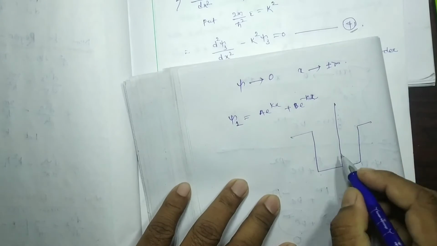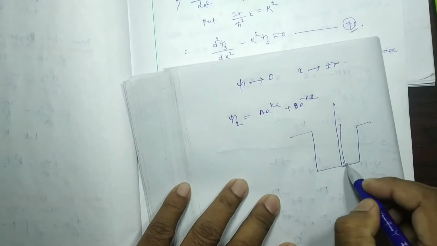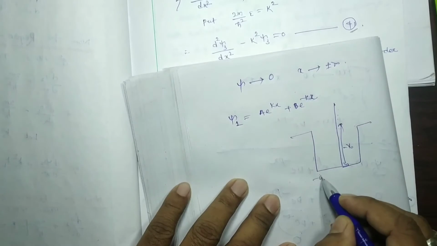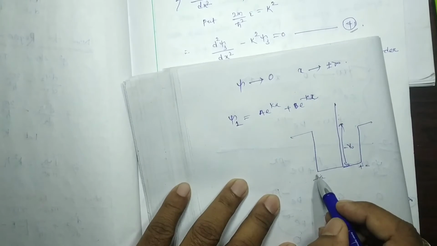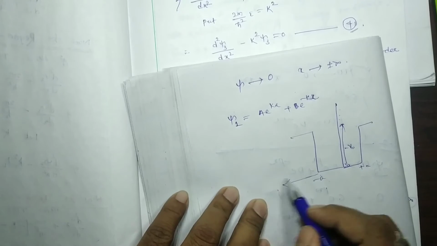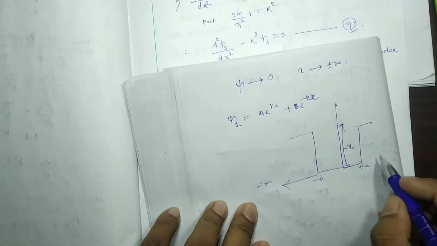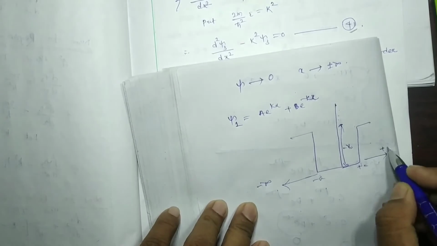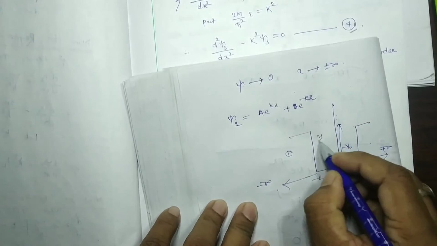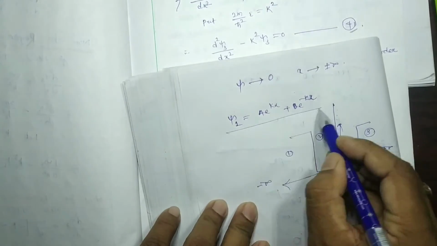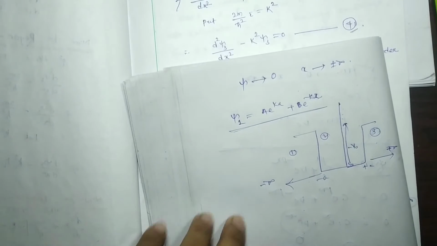This is minus V0, this is minus a and plus a, and this extends up to minus infinity, this side is plus infinity. Region 1, region 2 and region 3, and this is our wave function belonging to region 1.